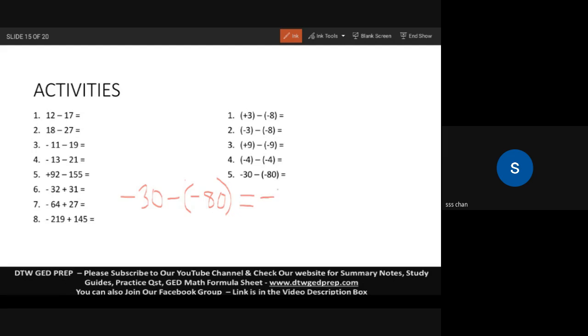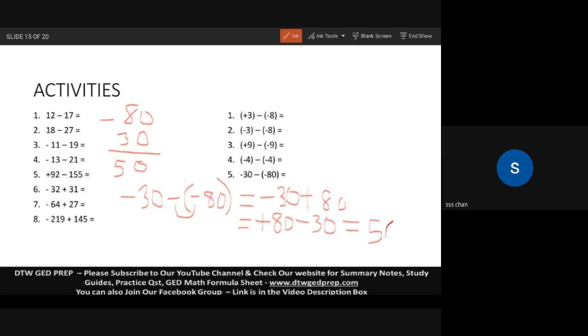This is the same thing as adding 80 to it, because the negative becomes positive. So negative 30 plus 80. If this is not too clear, you can rewrite it as positive 80 minus 30. When you remove 30 from 80, 0 minus 0 gives you 0. 8 minus 3 gives you 5. So we have this to be 50.